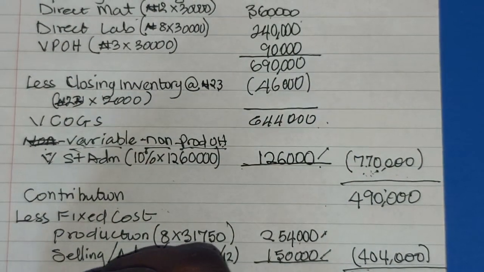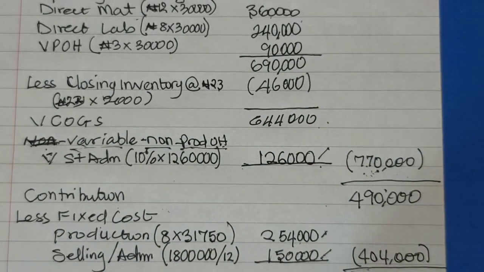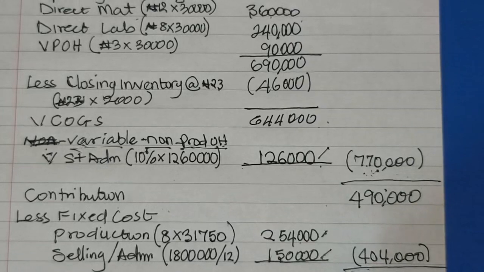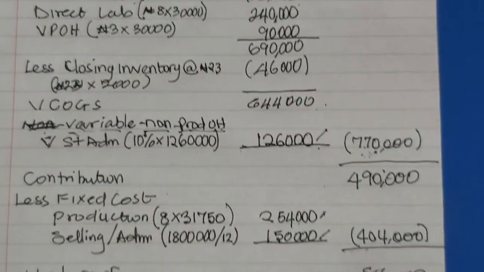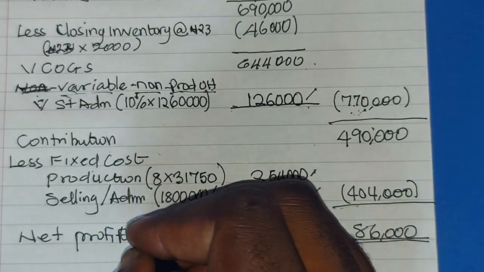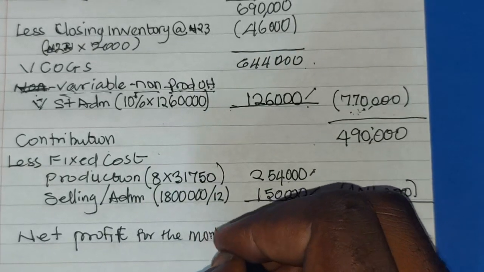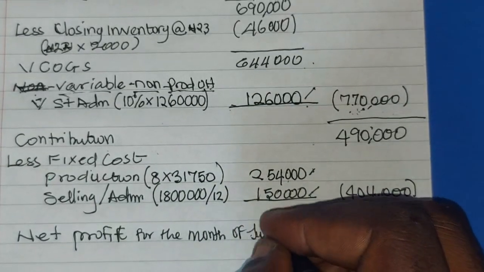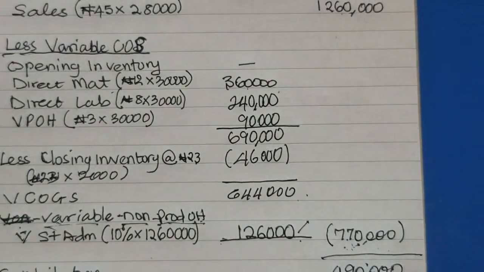That's your net profit of 860 for the month of July, using marginal costing principle.